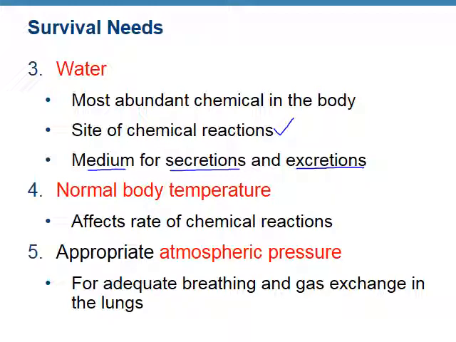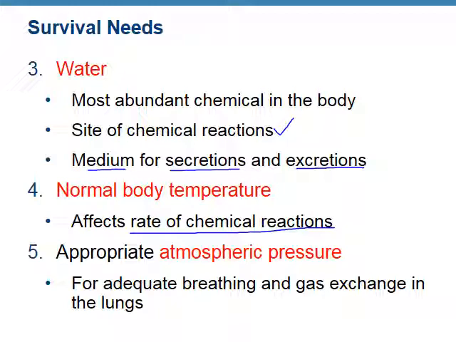Number 4, normal body temperature. We haven't really talked about chemical reactions yet, but if your body temperature is too high, it can affect the rate of chemical reactions, and it can actually damage some of the enzymes that are responsible for carrying out specific tasks within the body. And then number 5 won't make a lot of sense until we come back and talk about respiratory in 202.